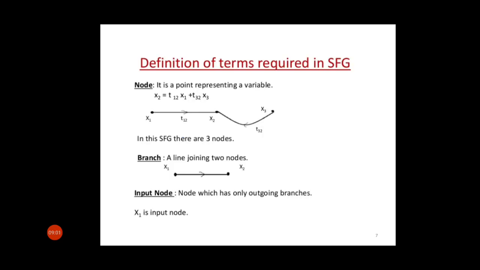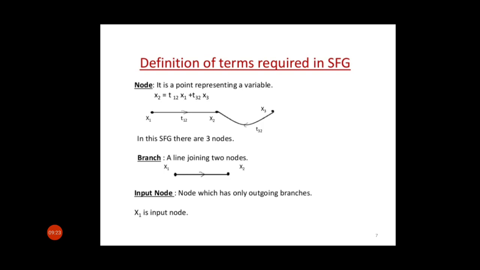Now we will discuss the terminologies of signal flow graph. First is node. A node is a point representing a variable or signal.